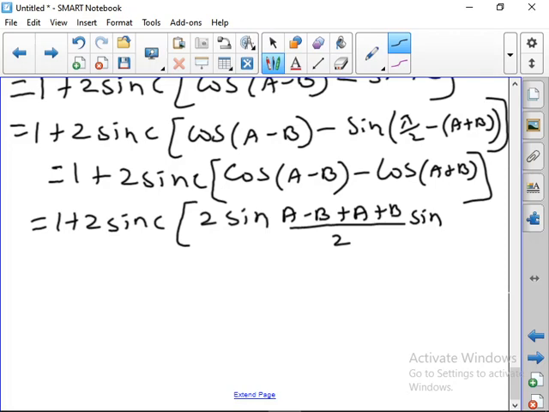So A will get cancelled. So minus 2B by 2. So it is equal to 1 plus 2 sin C.